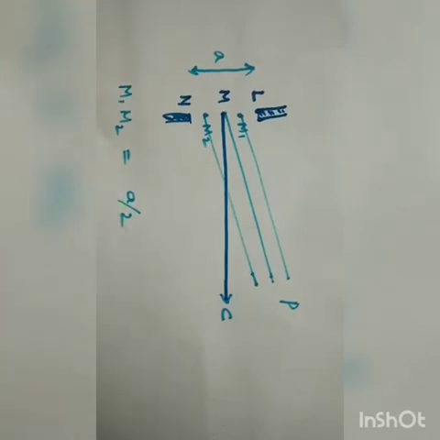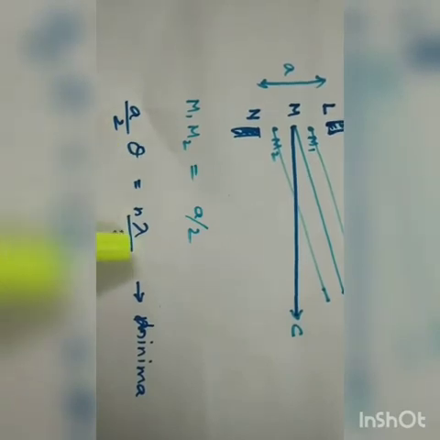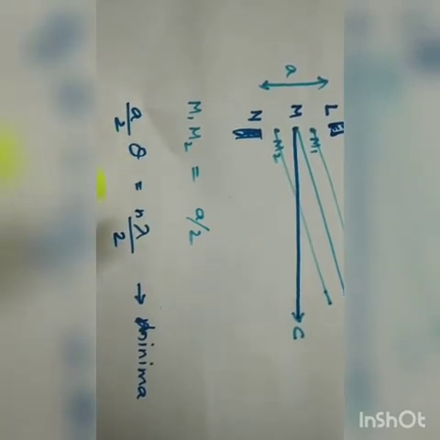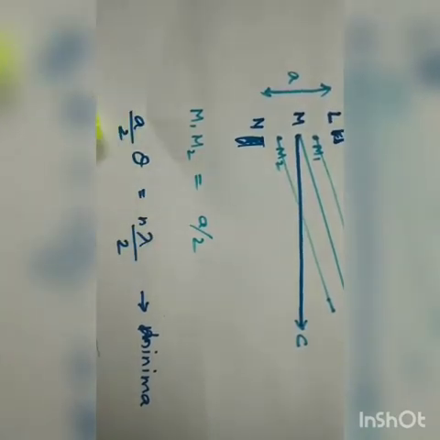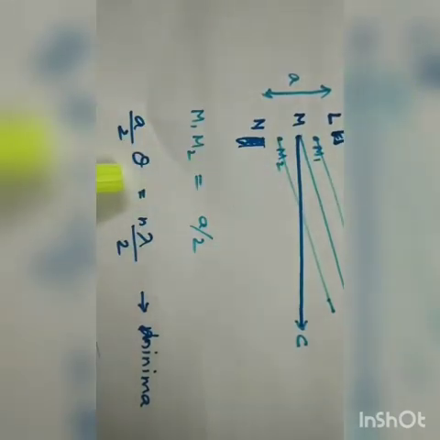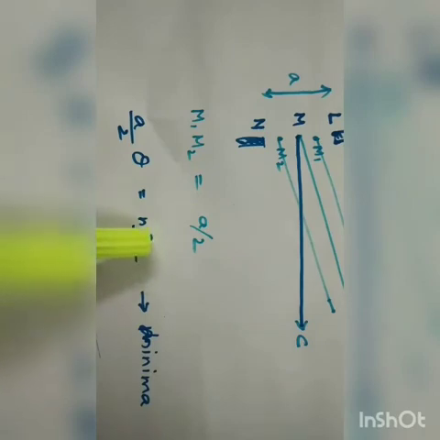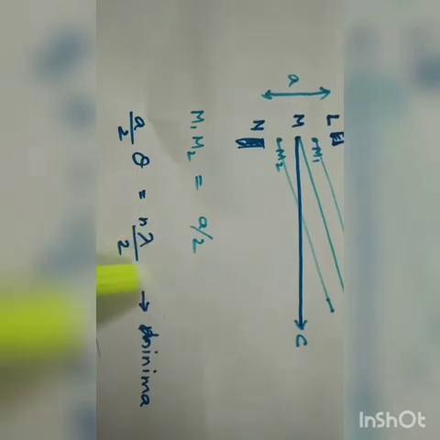Now we have already seen that path difference A theta is n lambda. In this case, instead of A theta, it is A by 2 theta, because M1 M2 is A by 2. And that becomes lambda by 2. A theta is n lambda, so A by 2 theta is lambda by 2, and that gives you a minima.